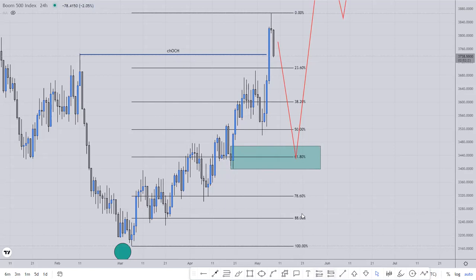Just above it, I have something like a double bottom. A double bottom is a form of liquidity, which institutions like to take out before they go wherever they want to go. So they usually take out those levels. That's why I never marked any level above there.